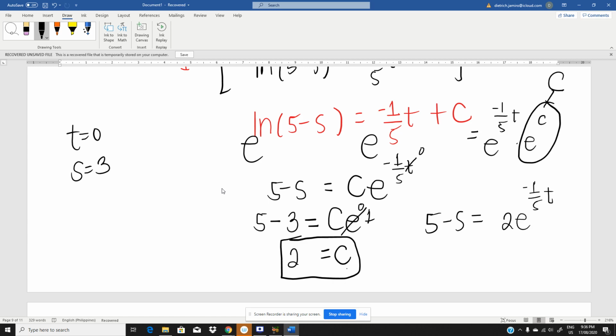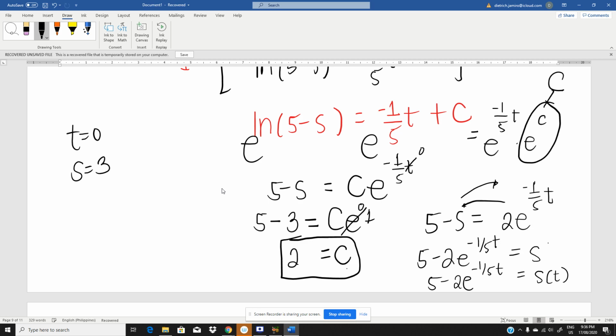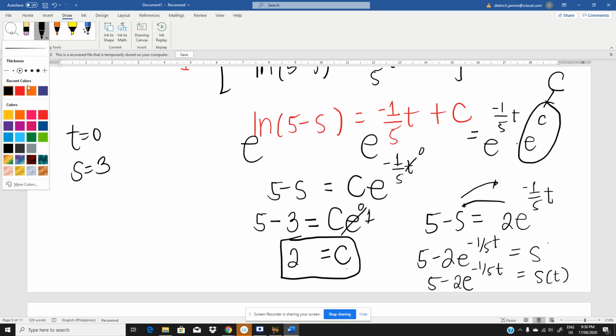And then by transposing this one to the right side, and this one to the left side, we will have 5 minus 2 exponential of negative 1 over 5t is equal to s. And then this is also equal to s of t is equal to 5 minus 2 exponential of negative 1 over 5t. So that's the answer.